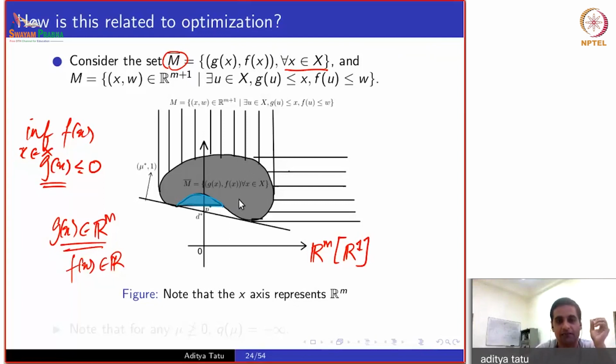And similarly, the y coordinate in this picture does not represent x, it represents the value of the objective function at the same x. In general, of course, g(x) can have both negative and positive values. So the x's for which g(x) is negative are on this side, and the x's for which g(x) is positive are on this side.